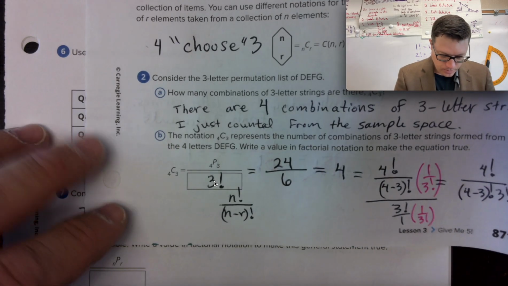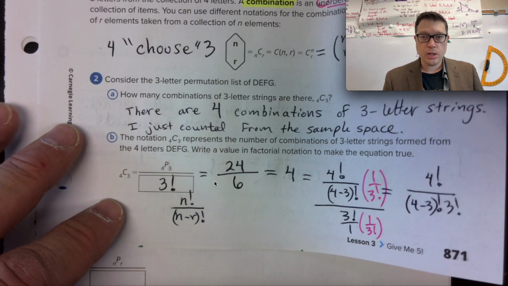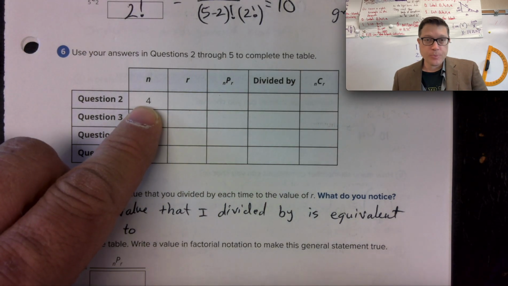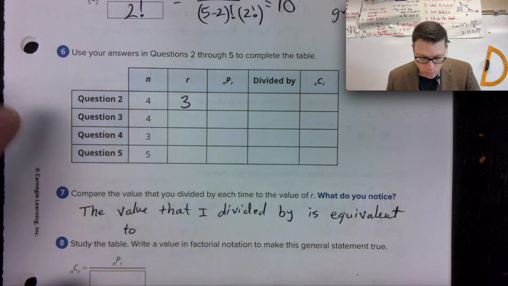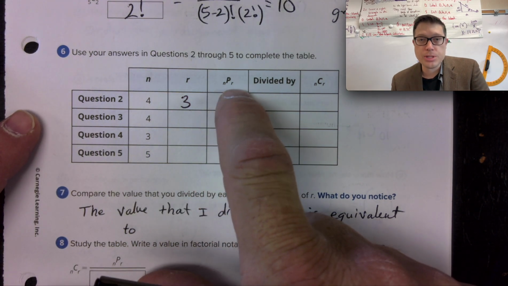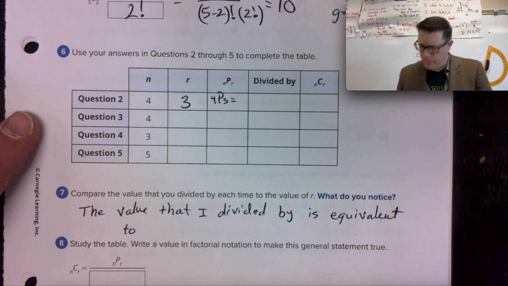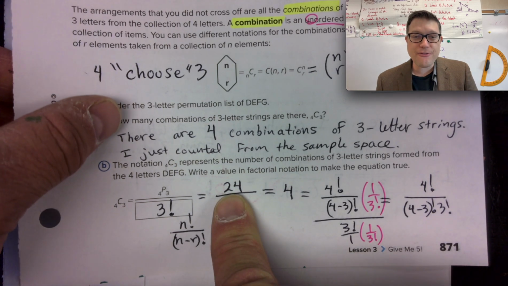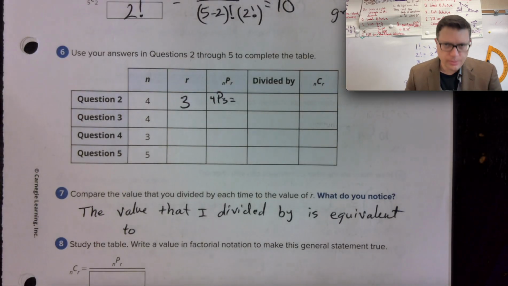Okay, here we go. In question 2, it was 3-letter permutation from 4 elements. So if our n is 4 and we're choosing 3 things, then it was 4 permute 3, 4P3. And I believe 4 permute 3 is 24. Yes. Let me just check that for a second here.